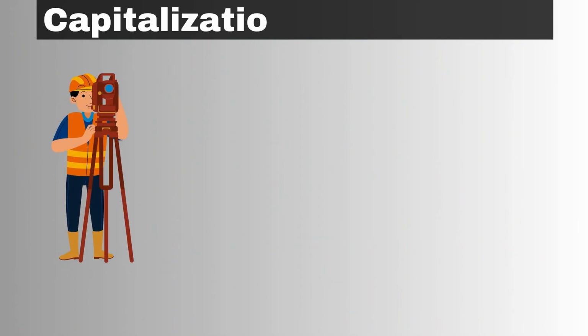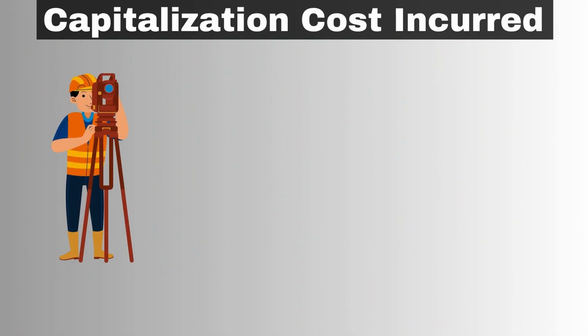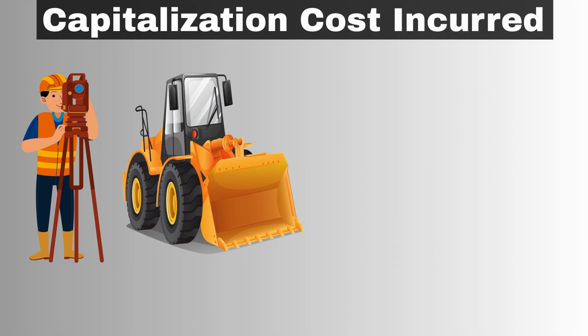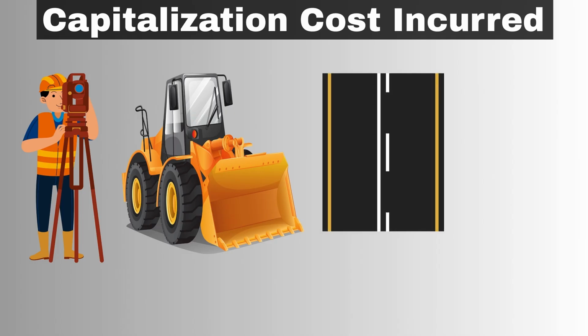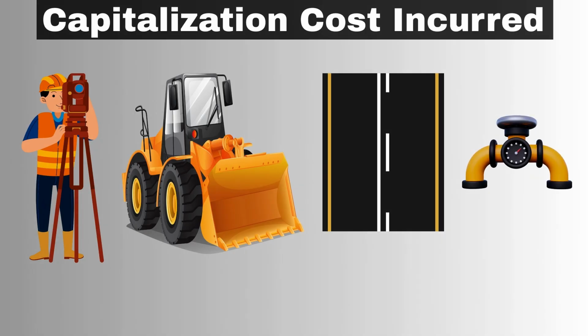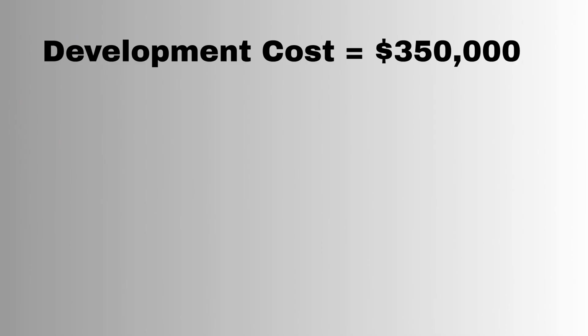This includes fees for surveying, cost for grading the land, paving roads, installing utilities like water, and landscaping the common areas. Let's say this development costs total $350,000. Now, let's calculate the total cost basis for the project.